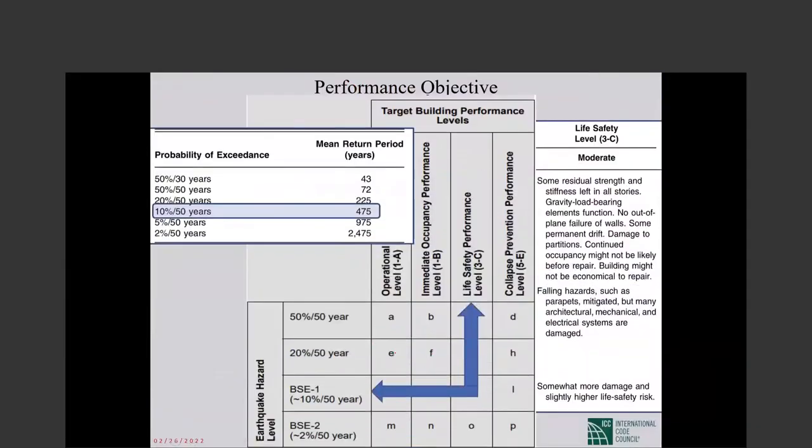Generally, in new codes like BMBC, we don't have that. Everything is fixed: a specific level of the earthquake and a specific level of the performance.